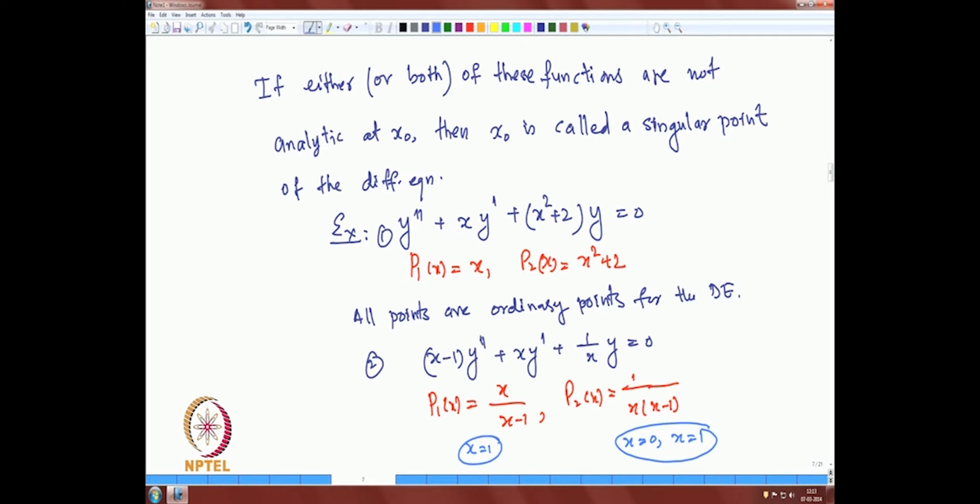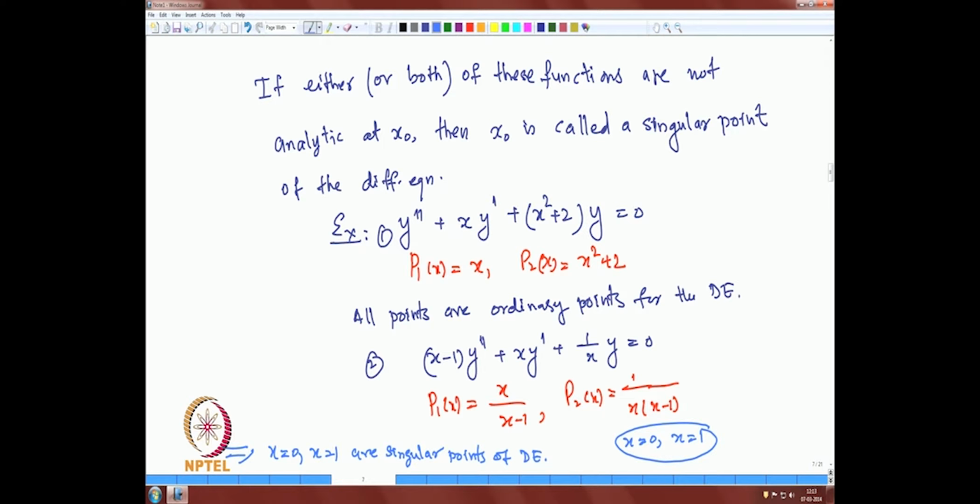So, the conclusion is 0 and 1 are the only singular points of the differential equation.